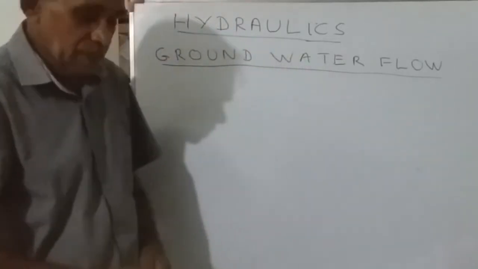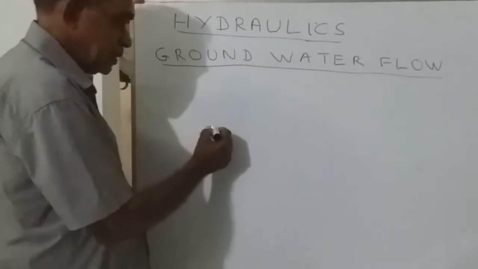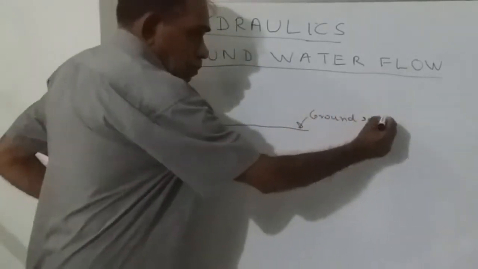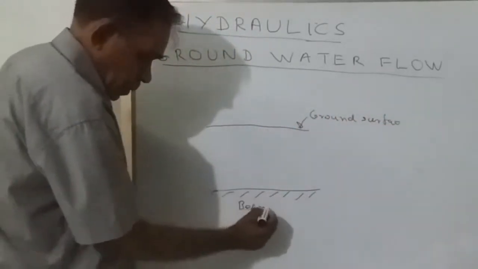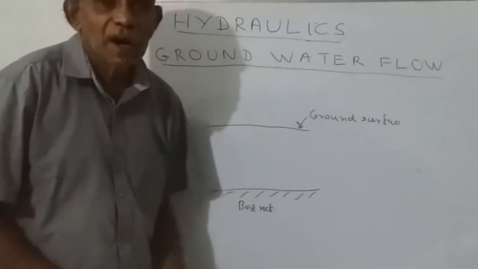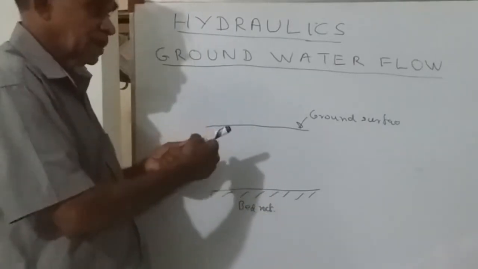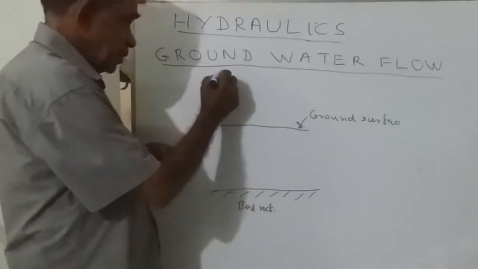Occurrence of water. Consider the ground surface and the bedrock here. We are starting with the rainfall. The rainfall falls on the ground as surface precipitation.